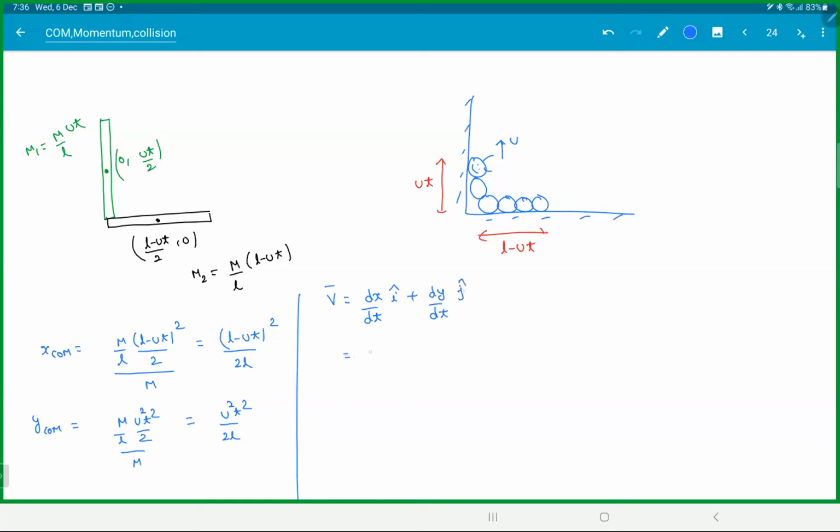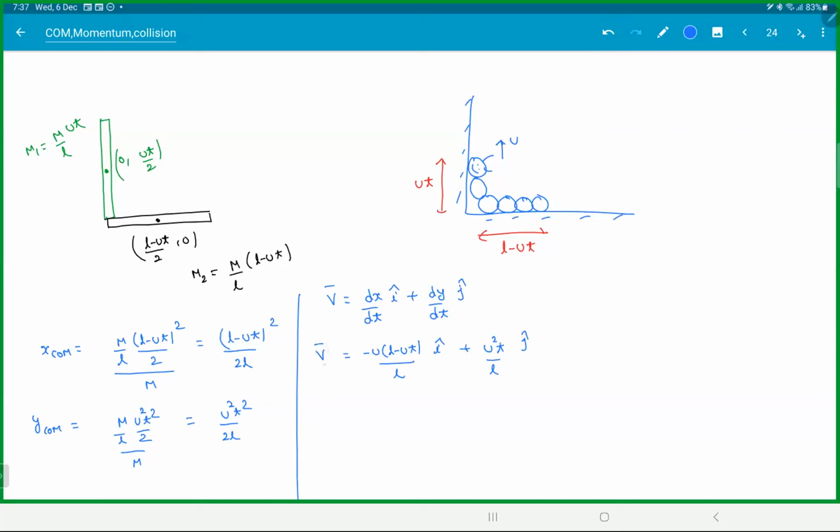So the 2 will cancel. You get minus u, (L minus ut) by L, i cap. There I skipped a step again. This would be u square t by L, j cap. I used the chain rule: 2 times (L minus ut) and then differentiate whatever is inside.